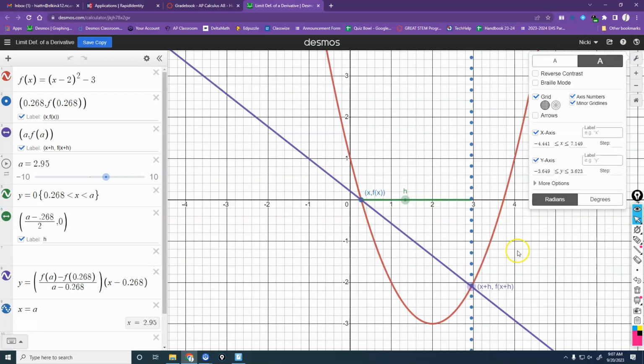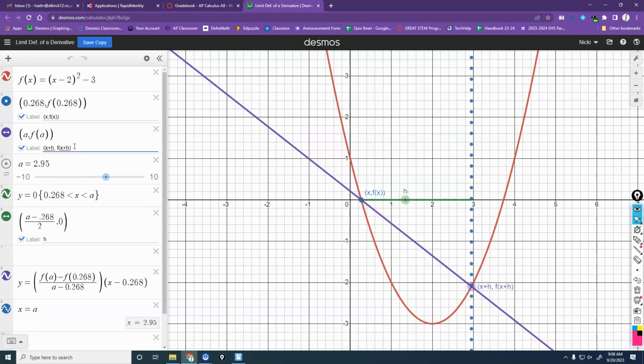All right, so what I have here is I still have my x, f of x point. Then I named this other point, and I did not put enough parentheses, and it looks bad. There, let's put another parentheses right there so it's proper. I named my other point x plus h, f of x plus h.